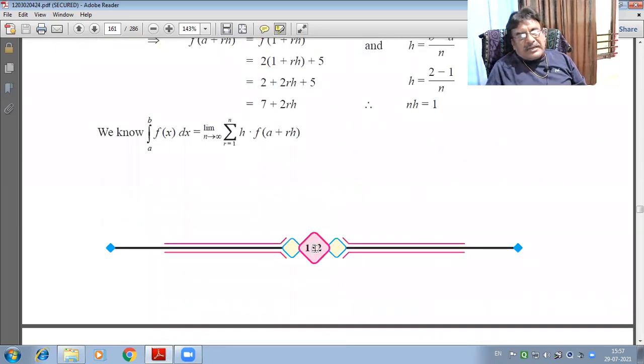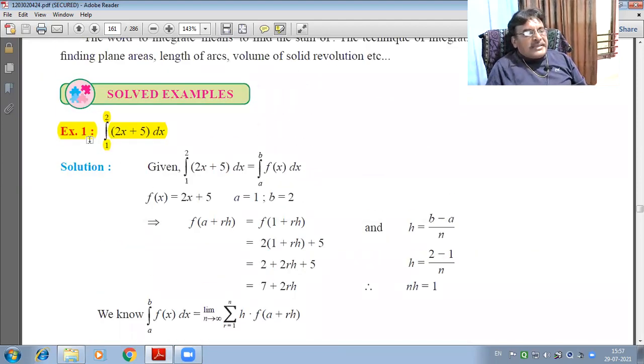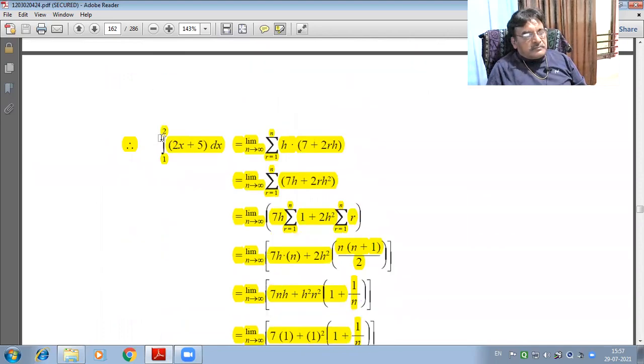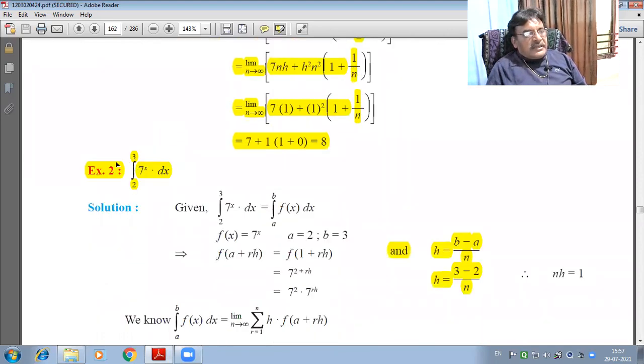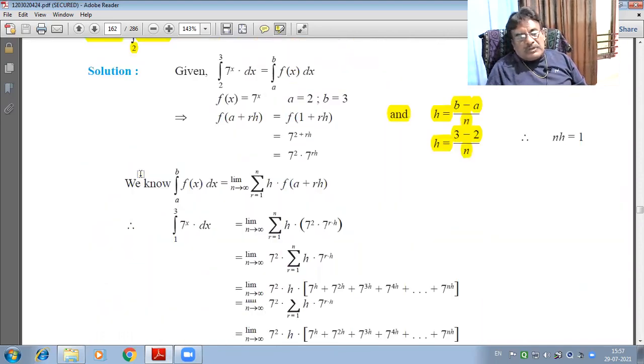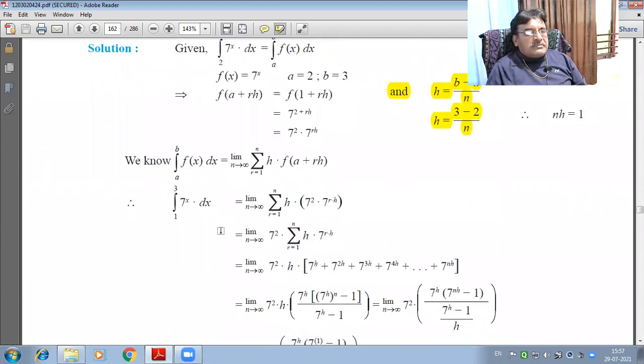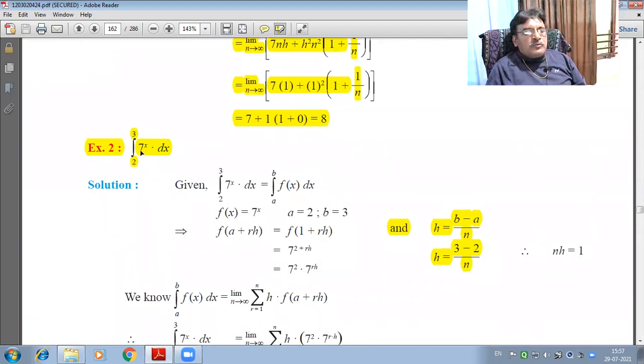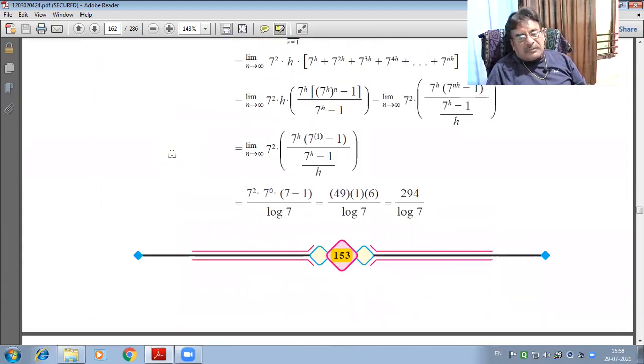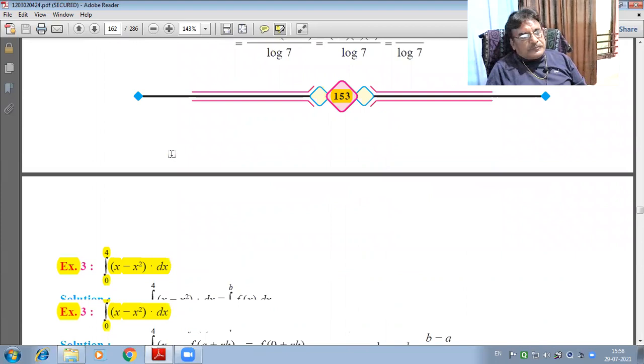On page number 152 in the board book, example 1, that is integration 1 to 2 of 2x plus 5 into dx, is deleted. Example 2 on page number 153, integration 2 to 3 of 7 to the power x into dx, is also deleted from the board syllabus for February 2022.